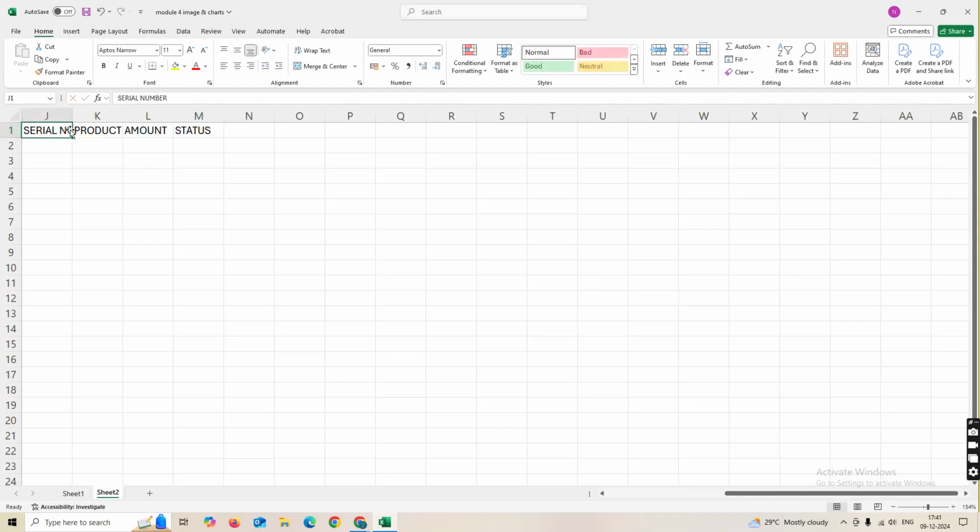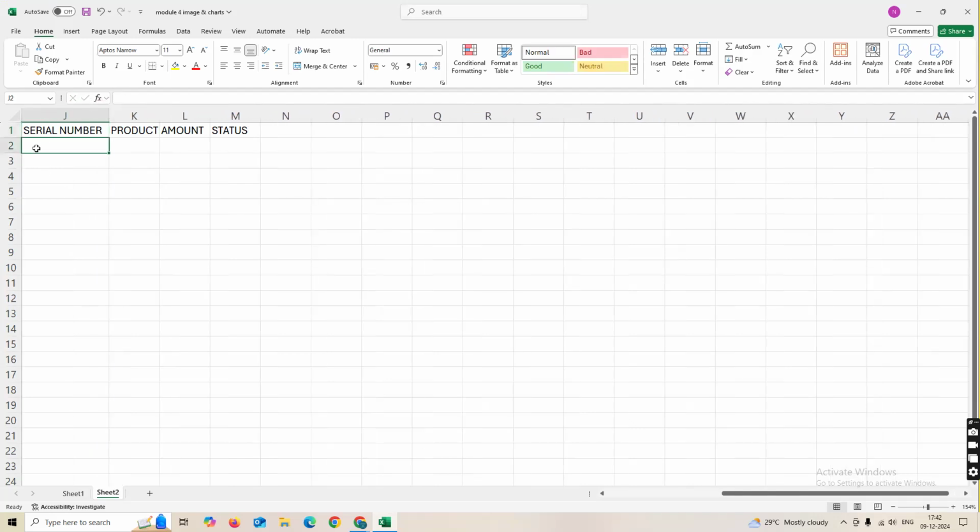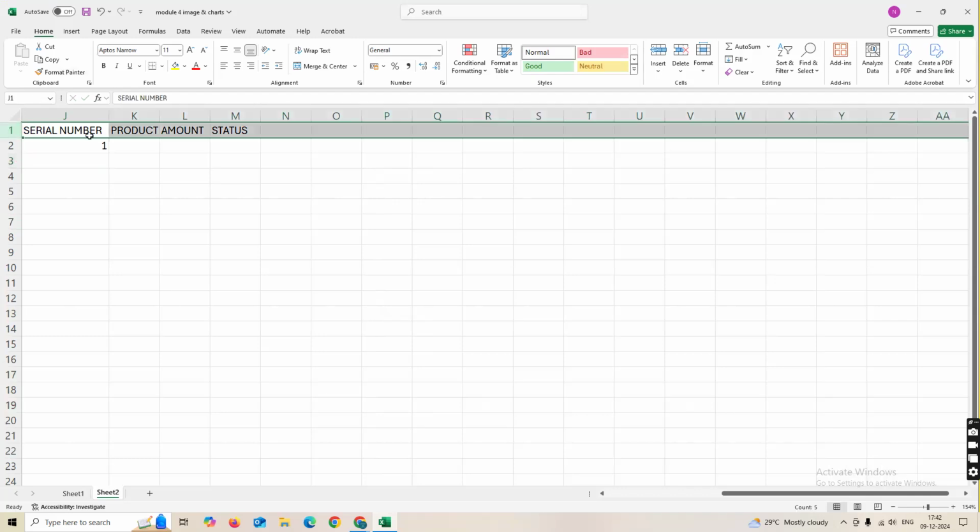Now when I give the serial number, I have taught you how you can put it in the center, how you can merge, right? Suppose in the serial number I'm giving 1, I have thousands of products. By default, this is the cell number, but when we give the heading, the first row already goes to the heading, so we start from the second.